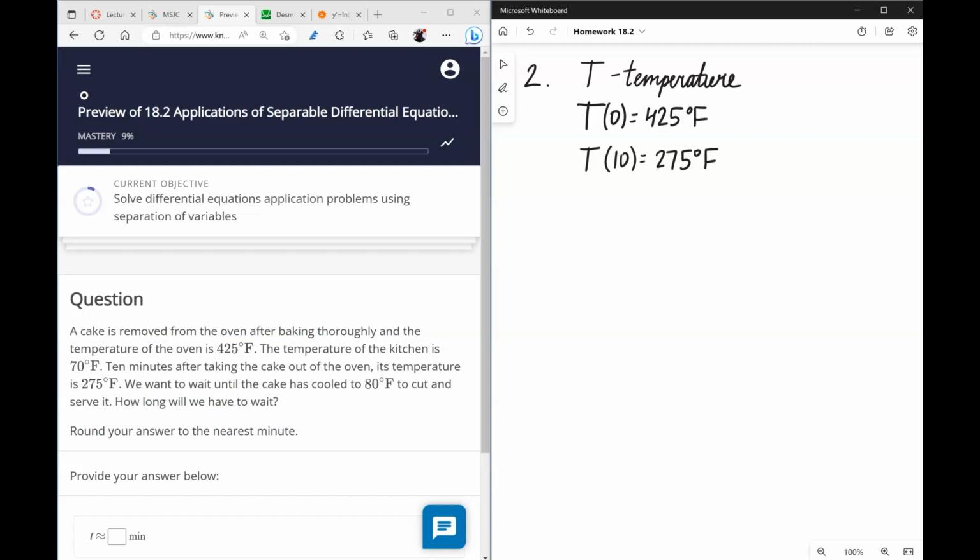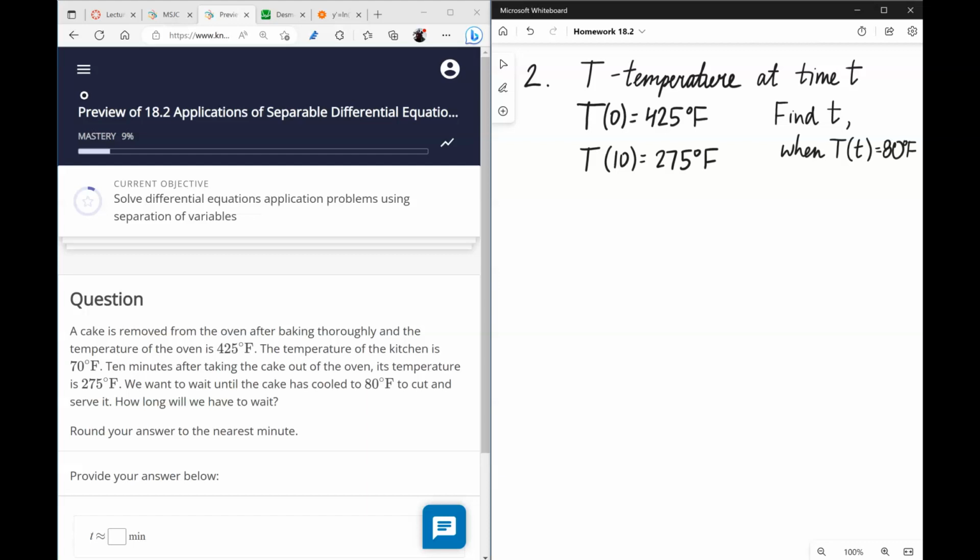So we want to find the time when the temperature is 80 degrees, right? So this is kind of the layout of the question.